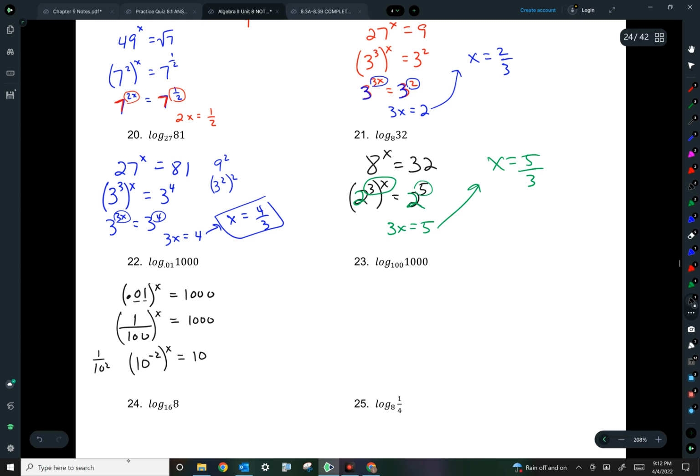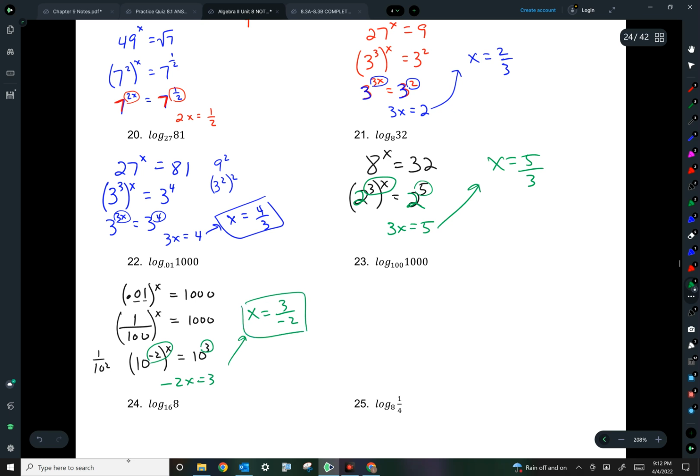Sure it is. It's 10 to the 3rd. The bases of 10 are easy because you just count up the number of zeros, right? 3 zeros, so it's 10 to the 3rd. Oh, okay. Now that I have the same base, I can say this exponent, negative 2x, has to equal this exponent of 3. So x equals 3 over negative 2.